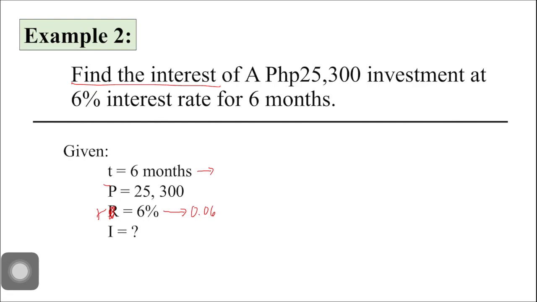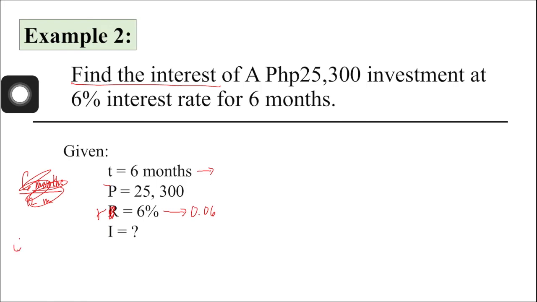How will you express the time in months into year? 6 months times how many months in 1 year? 12 months in 1 year.